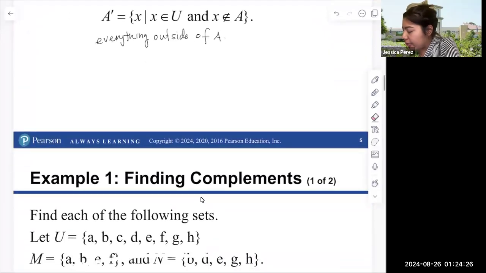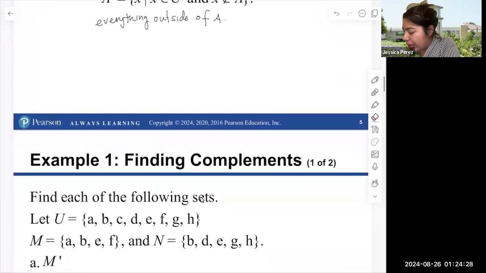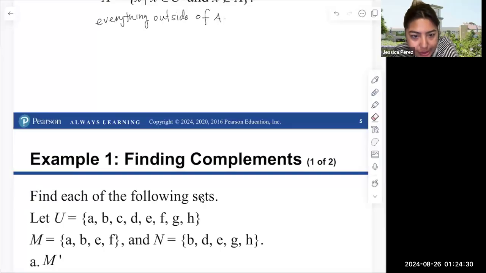So let's say that the universal set is given by A, B, C, D, E, F, G, and H. The set M contains A, B, E, and F, and the set N contains B, D, E, G, and H. We want to find M prime.